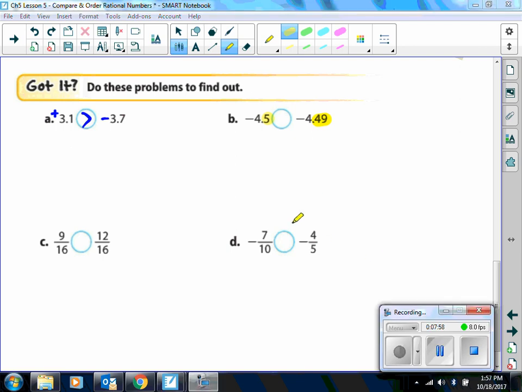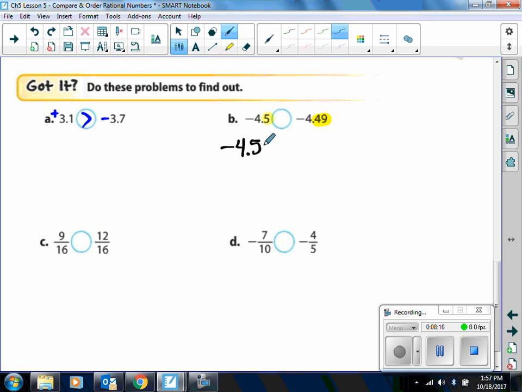So if I want it to go to the greatest place value, what do I need to do to this -4.5? Add a 0. Very good. So now we have -4 50/100 and -4 49/100. Now they're same and same, apples and apples.